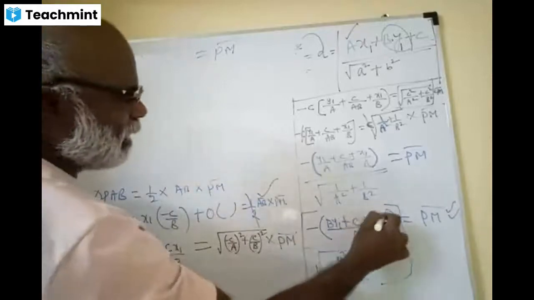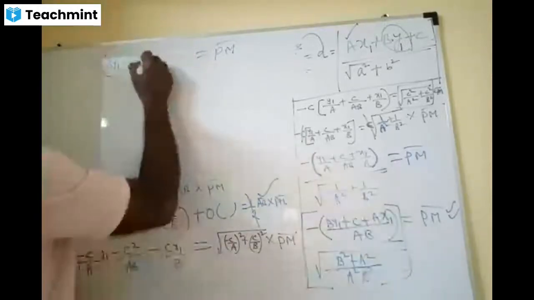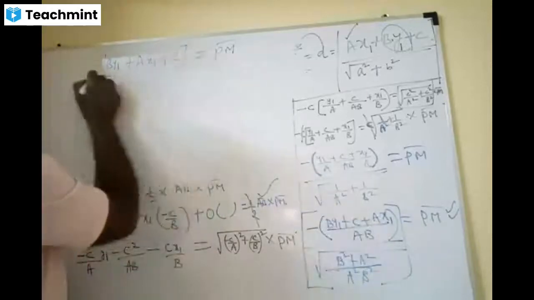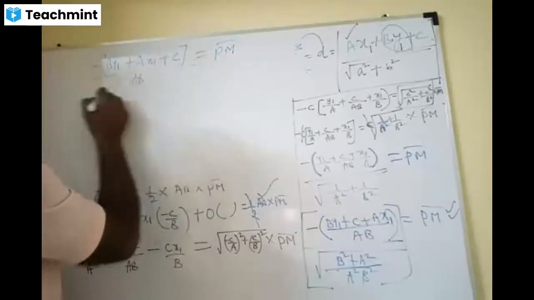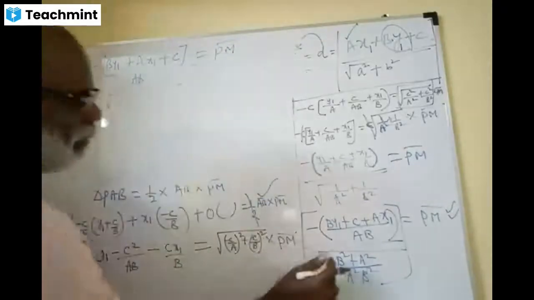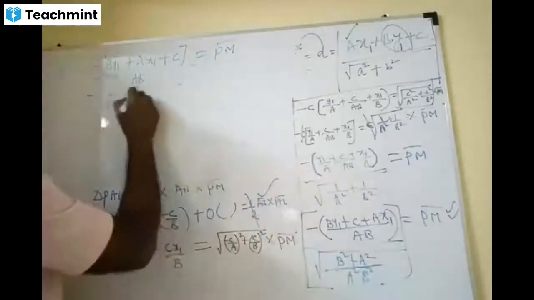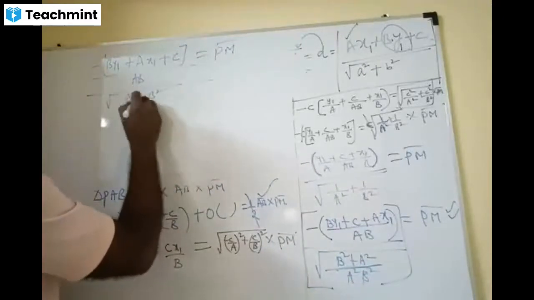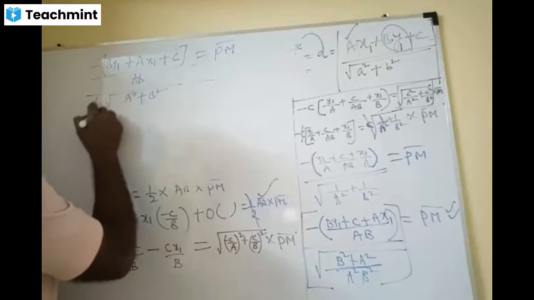This is called X1 here. AX1 plus C by AB, whole divided by root of B square plus A square, which is nothing but A square plus B square, whole divided by 1 by AB.